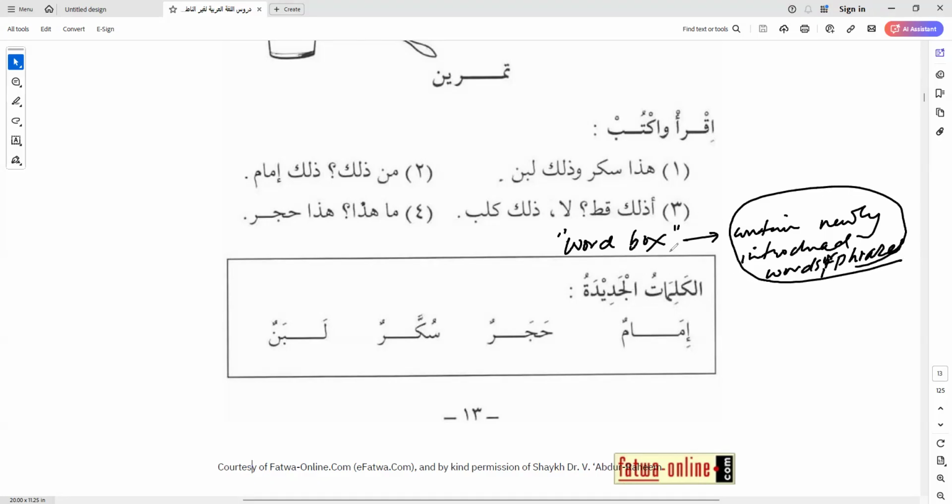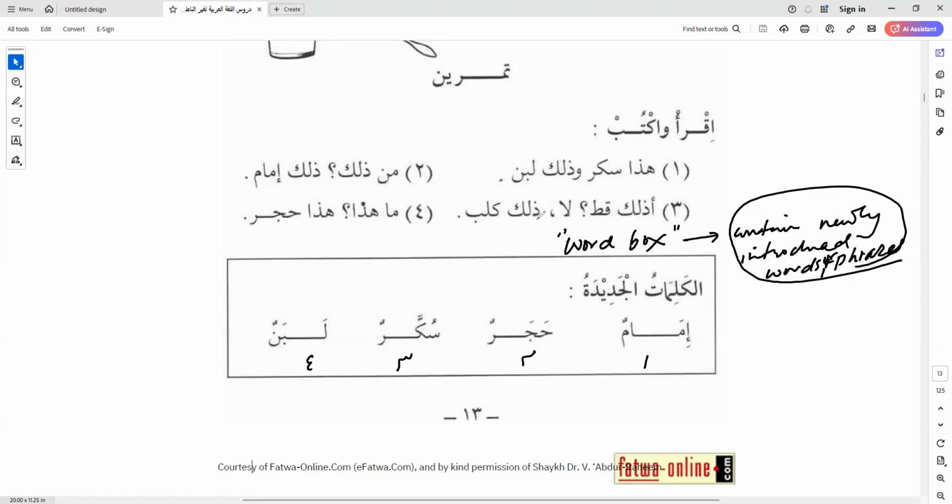So for you to master. Here we have واحد اثنين ثلاثة أربعة. We have 4 new words that we have in lesson 2, in addition to what we learned in lesson 1. Lesson 1 didn't have a word box. But lesson 2 has it. Lesson 3 is also going to have it.